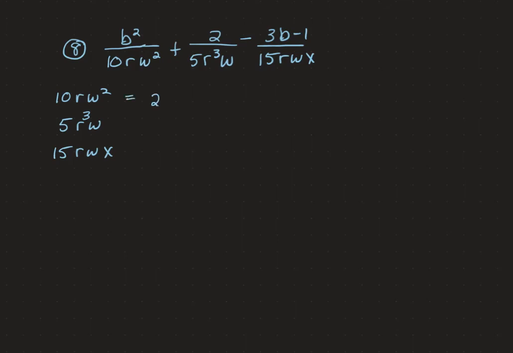All right, I have 2 times 5 times r. I'm going to go ahead and write this out as w times w. This one becomes 5 times r times r times r times w. And our final denominator becomes 3 times 5 times r times w times x.